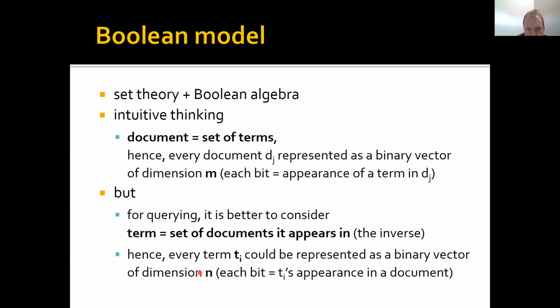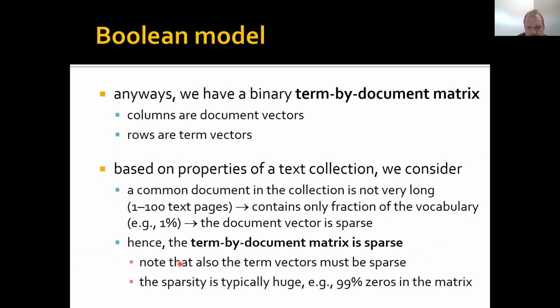But the dimensionality, of course, will be different. There are m terms in the collection if we do a document vector, but there are n dimensions in the term vector, because n is the number of documents. So this is the number of terms, this is the number of documents.